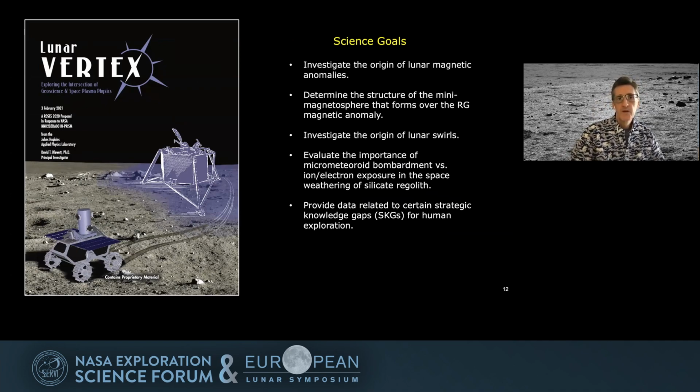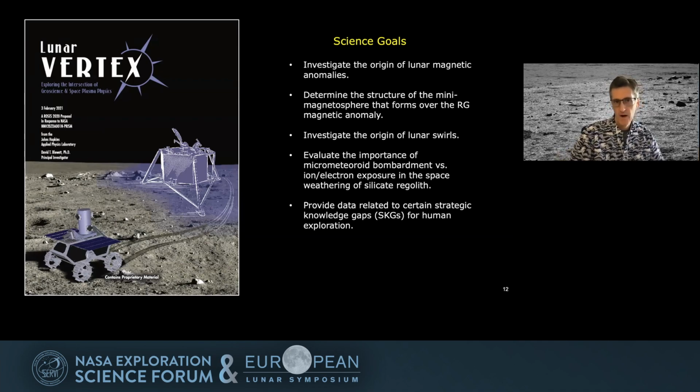And the goals of our mission were to investigate the origin of magnetic anomalies, determine the structure of the mini magnetosphere over Reiner Gamma, the Reiner Gamma magnetic anomaly, address the origin of swirls, and then in the process of doing those first three things, you kind of end up doing the last two.